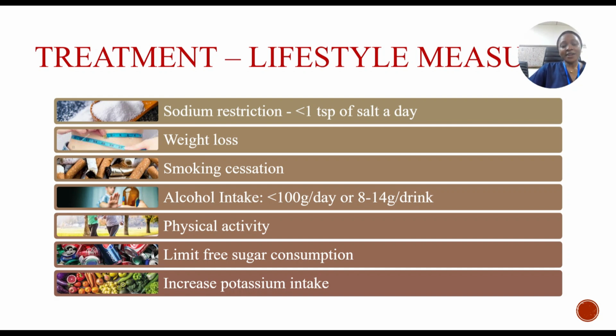Therefore, in addition to advising aerobic exercise, so moderate physical activity, we can advise them to complement it with strength training 2 to 3 times a week, depending on their strength levels and physical limitations.